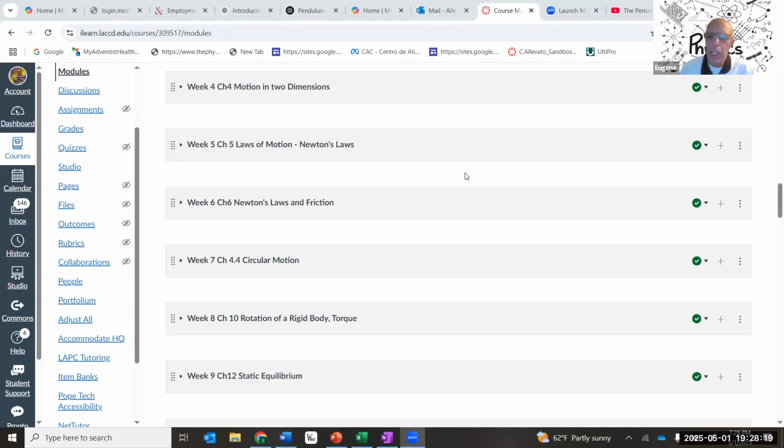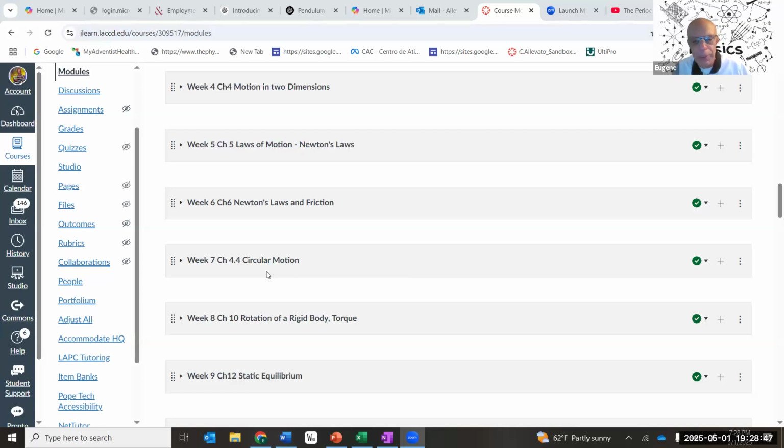Okay. So after circular motion, that actually, circular motion is chapter 4. You see here on Canvas, right, on the module, week 7, 4 is circular motion. And then we go straight to chapter 10, because I like that sequence, circular motion, then we go straight to torque.